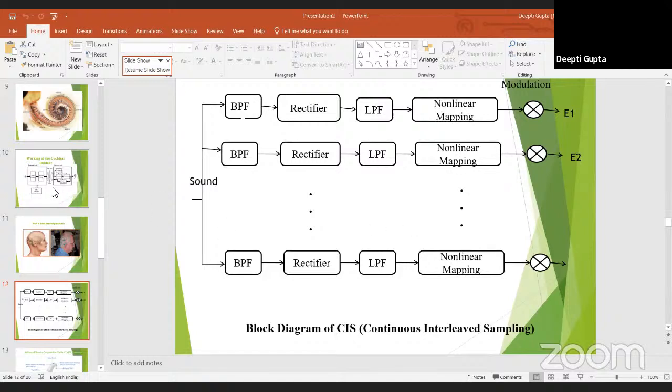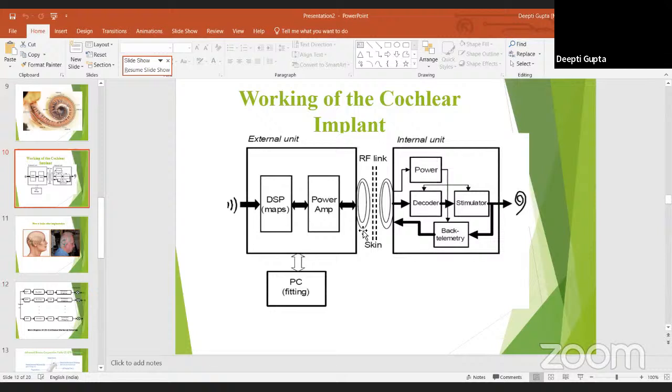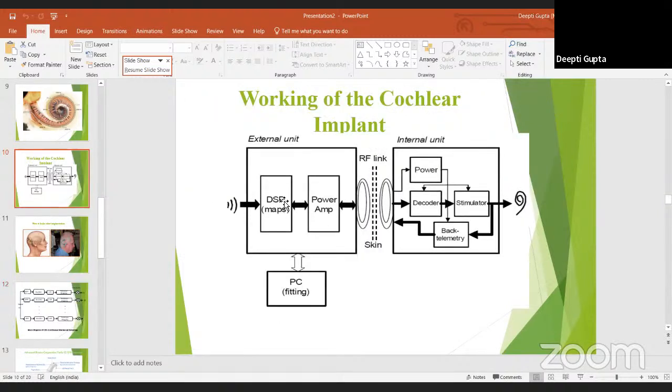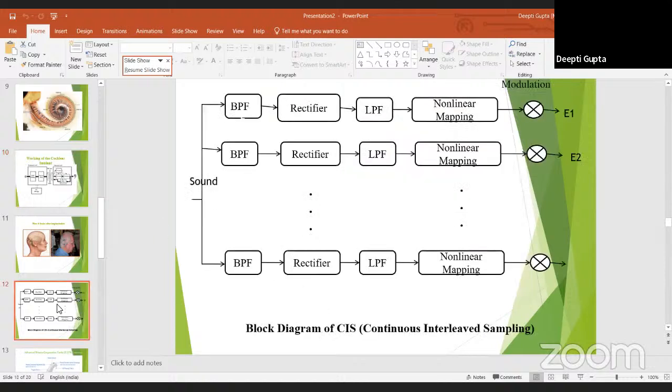The basic terminology is the same for all, with little differences. I am talking only about the basic terminology. So what we are doing in this DSP, the digital signal processing part, I'm explaining a little bit of the functioning here. The microphone is capturing the sound.